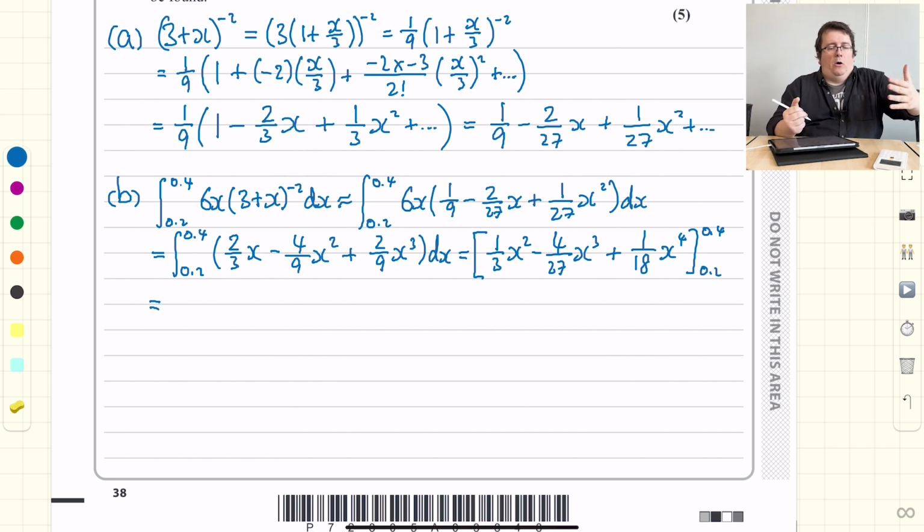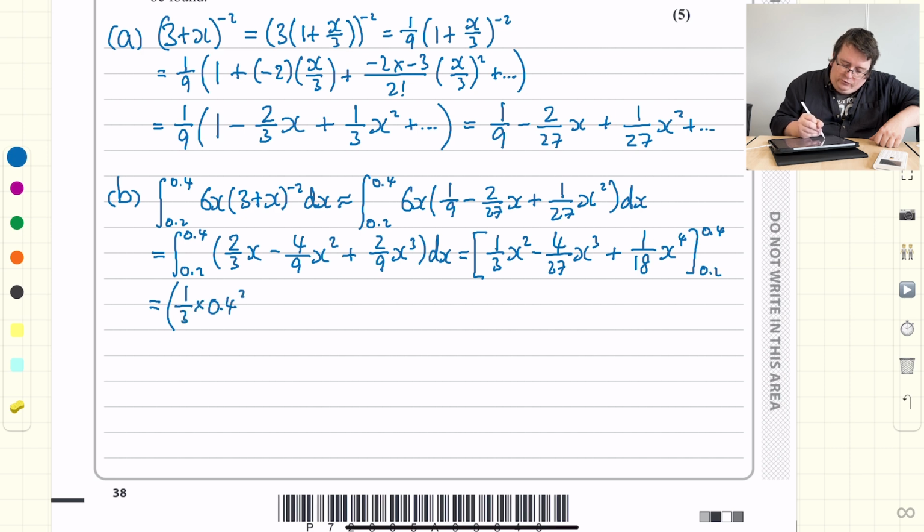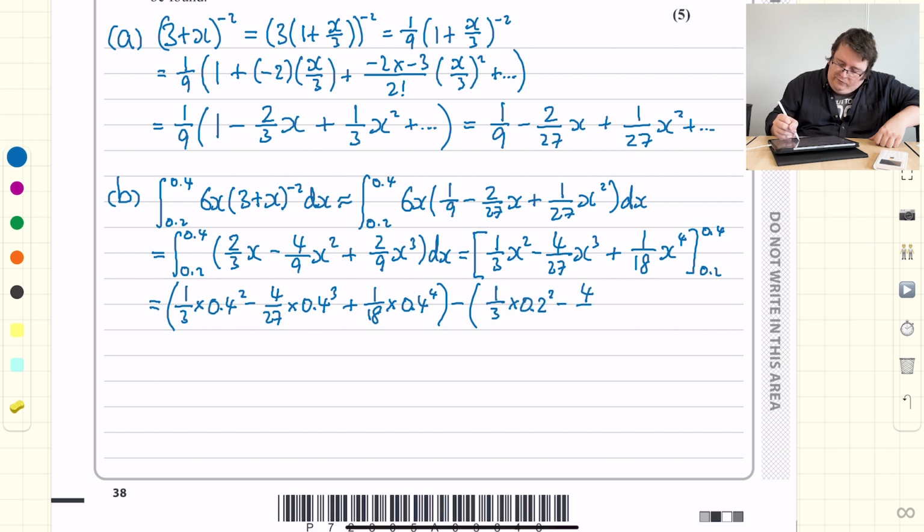Now, because we had that big bold bit at the beginning showing all your working, I'm actually going to show the substitution here. So, 1/3 times 0.4 squared, take away 4 over 27 times 0.4 cubed, plus 1 over 18 times 0.4 to the 4, take away 1/3 times 0.2 squared, take away 4 over 27 times 0.2 cubed, plus 1 over 18 times 0.2 to the 4.